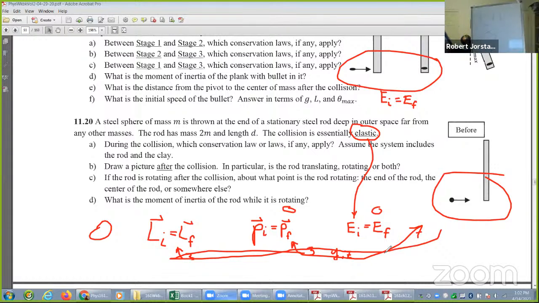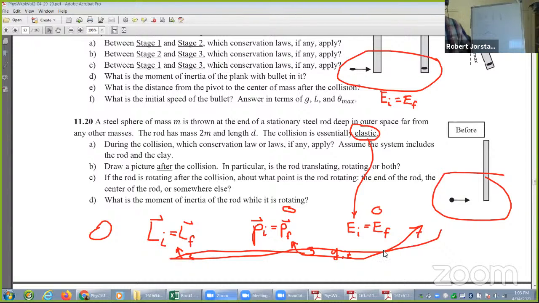So, for example, the final speed of the rod, the final speed of the ball, and probably the final rotation speed of the rod. Got it?